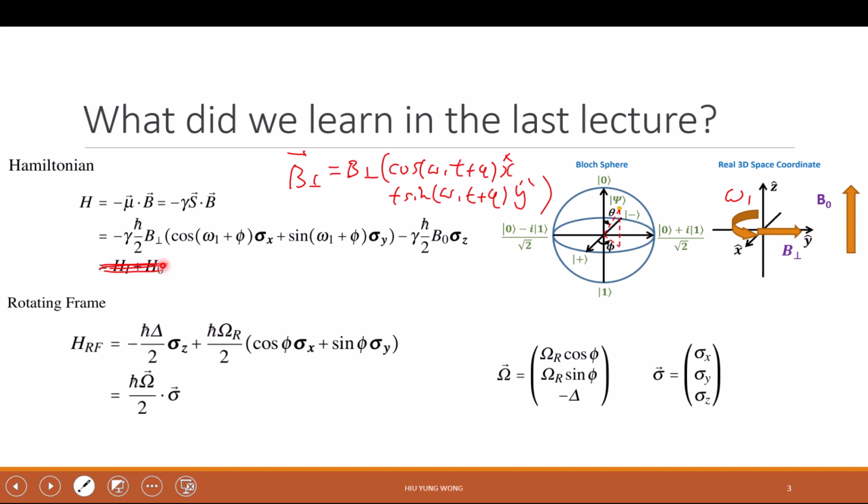The most important thing that we have learned is that we try to look at the rotating frame. It means we follow the horizontal magnetic field as it rotates. By doing this, we come up with a new Hamiltonian, which is time independent.